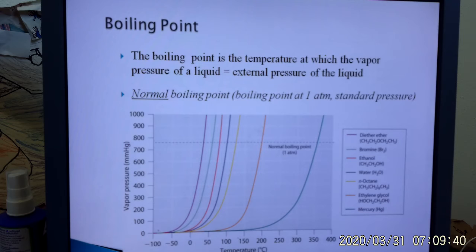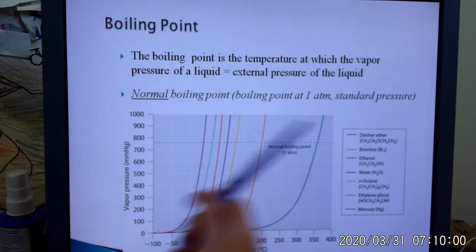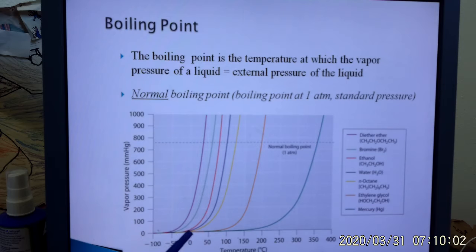Okay, and here again, we show all these different substances, and you can see here's 1 atmosphere at 760 millimeters mercury. Okay, so at, let's say, 100 millimeters mercury, diethyl ether, okay, this is diethyl ether, already at 0 degrees, diethyl ether gives you almost about 200 millimeters mercury vapor pressure.